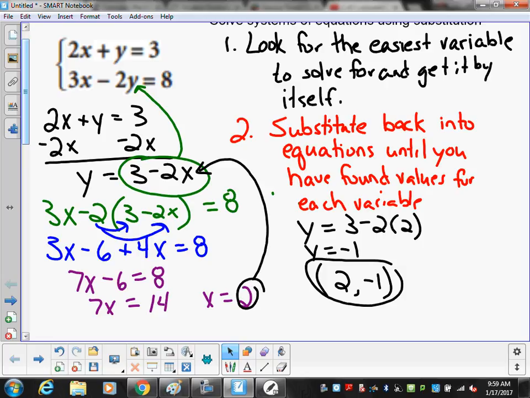And y'all, I didn't say this at the beginning, but if this is something you have absolutely zero problem with, and on the pretest you got all the substitution problems correct, then your assignment at this point is to work in Khan Academy. But you're still responsible for knowing this. So do not just say, oh, I don't want to pay attention to this. When we do the post-test, you're still responsible for knowing that material.